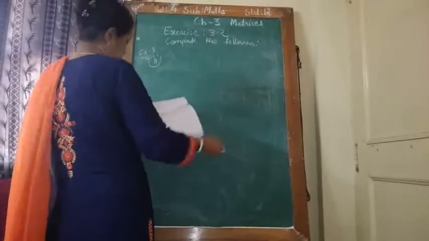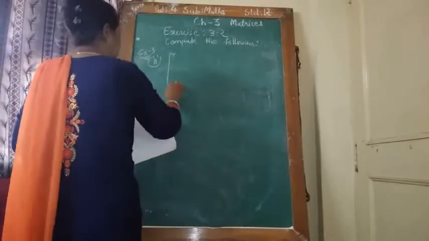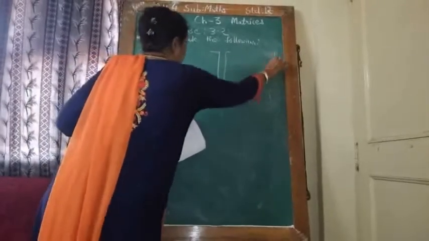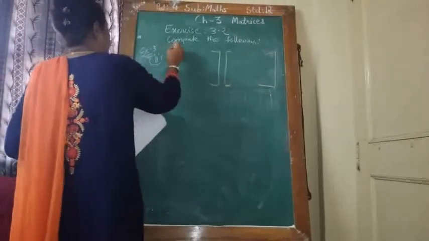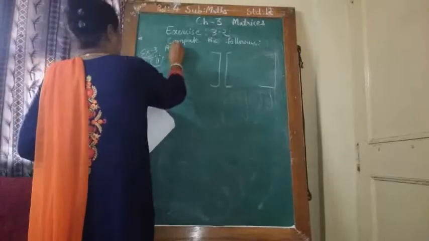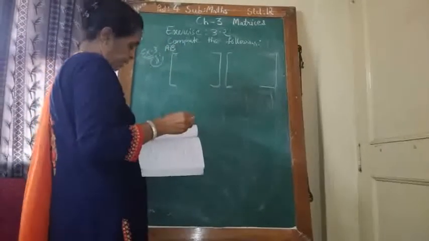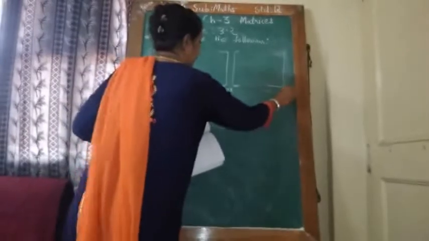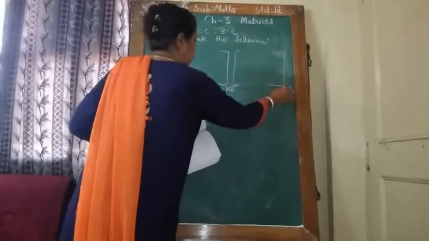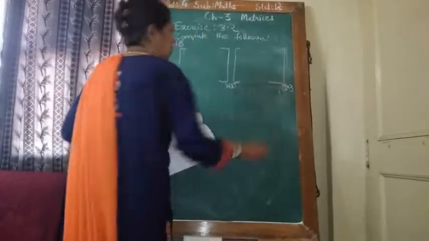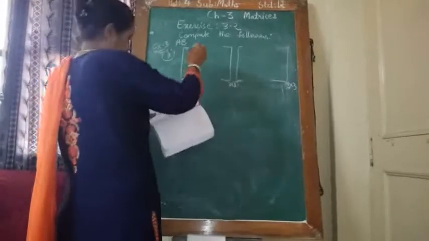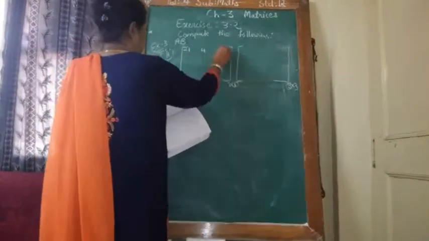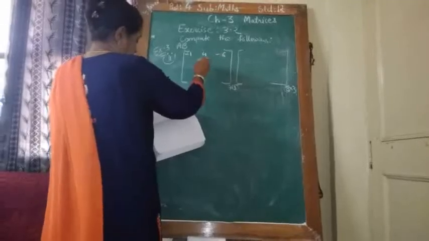Second one, 3 cross 3 is very important. No screen, calculation is very high. Starting, I write AB. Both are 3 cross 3 orders, so it is very easy to know the first step: is the number of columns and number of rows same or not. And elements are like this: -1, 4, -6, 8.